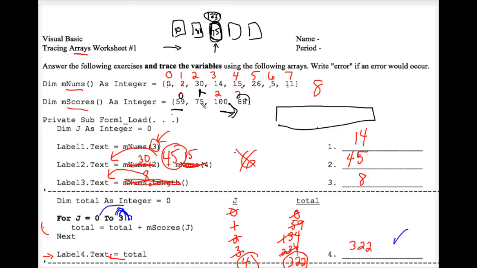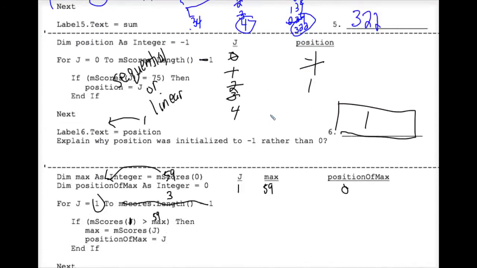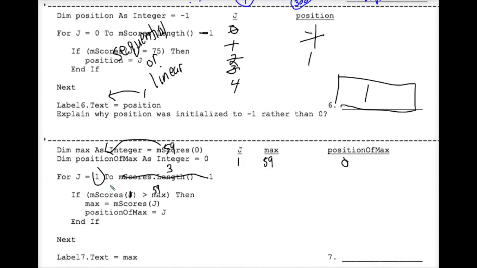Is 75 greater than 59? True. So we do execute these two lines of code. If it was false, we would have skipped those two lines of code.